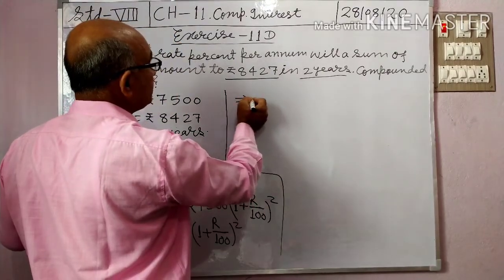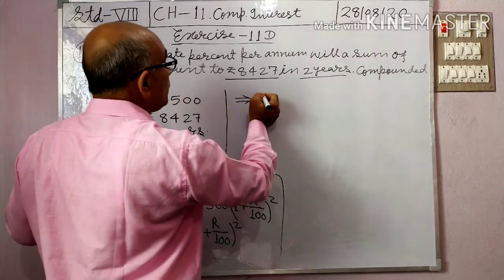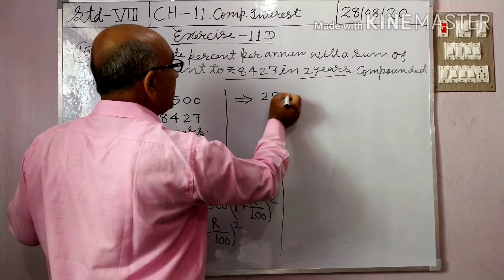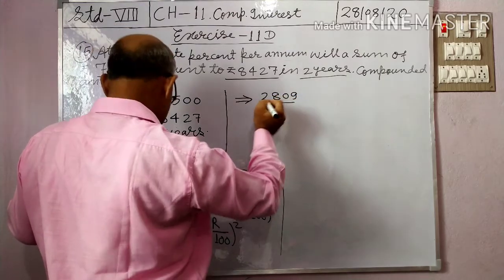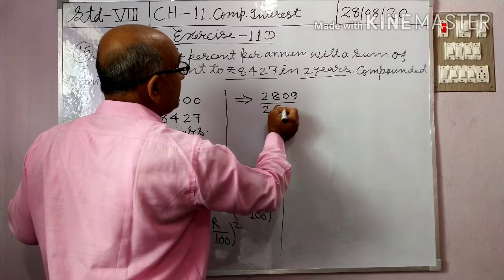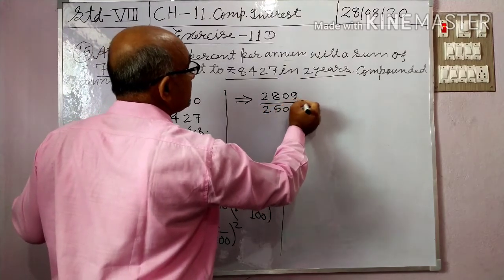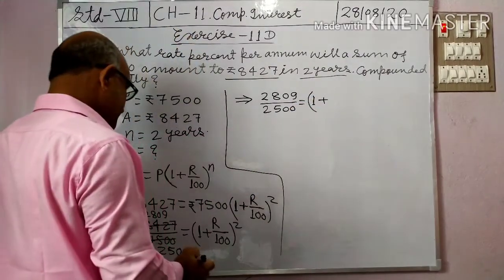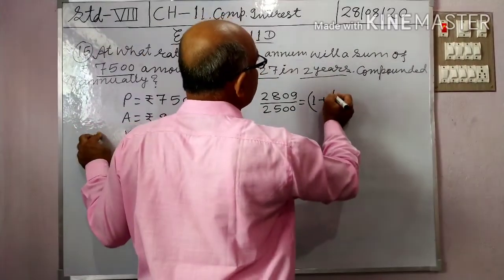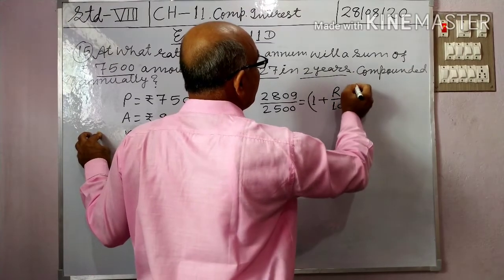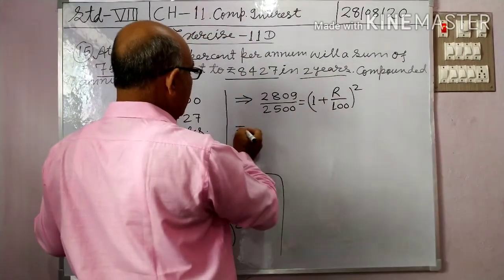That implies 2,809 divided by 2,500 equal to (1 plus R by 100) to the power 2.